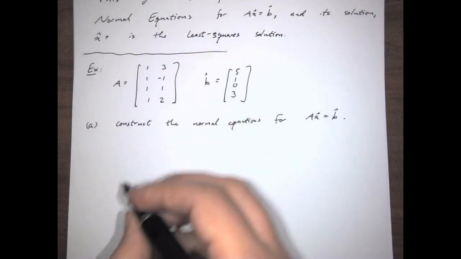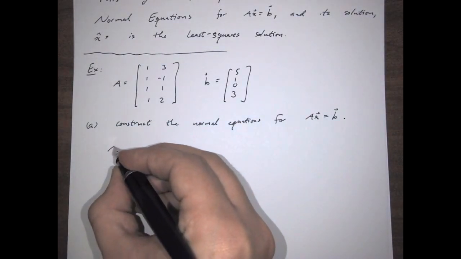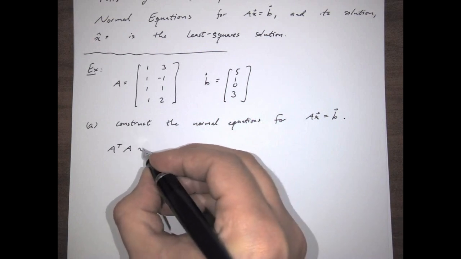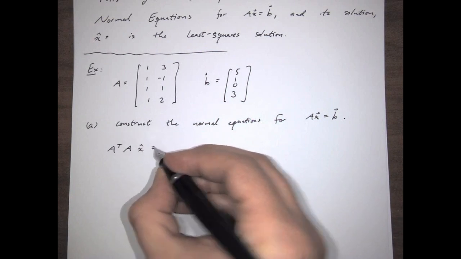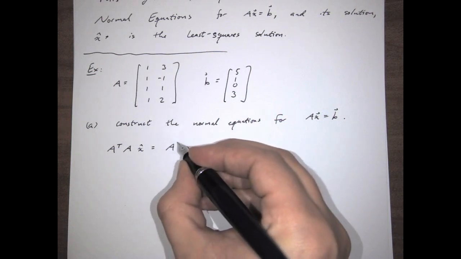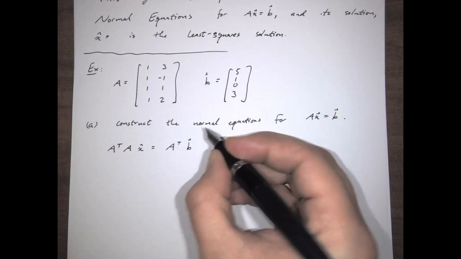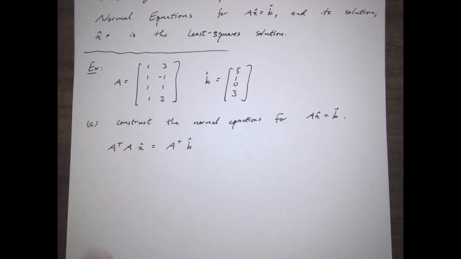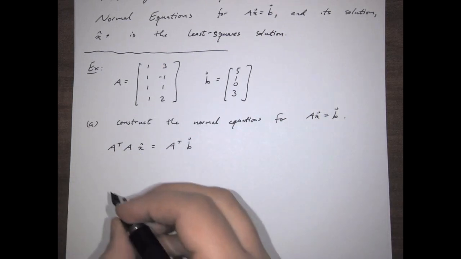Alright, well, looking at this, the normal equations involve A transpose A, and this mystery x hat, is equal to A transpose B. So what we just have to find is this, and that will be a construction of the normal equations.